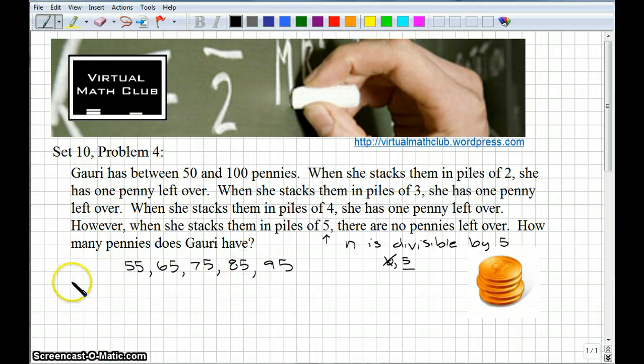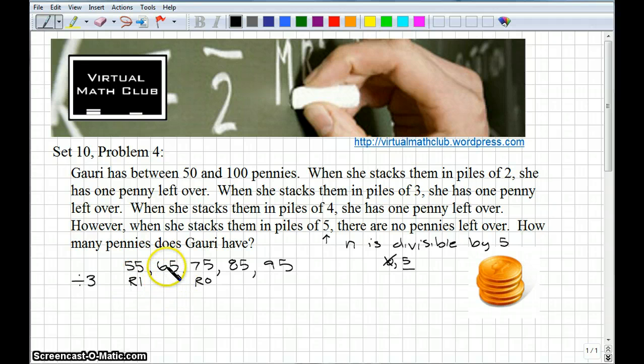So let's take a look at if we divide any of these numbers by 3. Now, actually 75 is divisible by 3, right? Because we can look at the sum of the digits and you can see that they add to 12, which is divisible by 3, so this one has a remainder of 0. Okay? And if you were to divide 55 by 3, you actually get a remainder of 1.